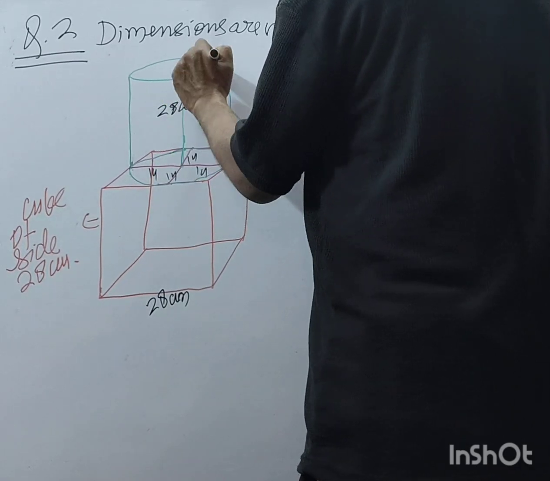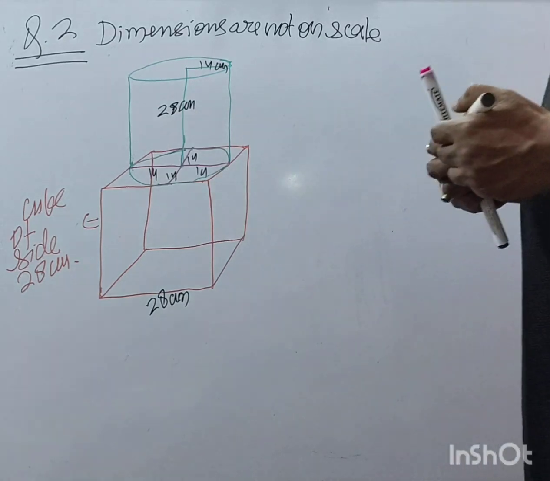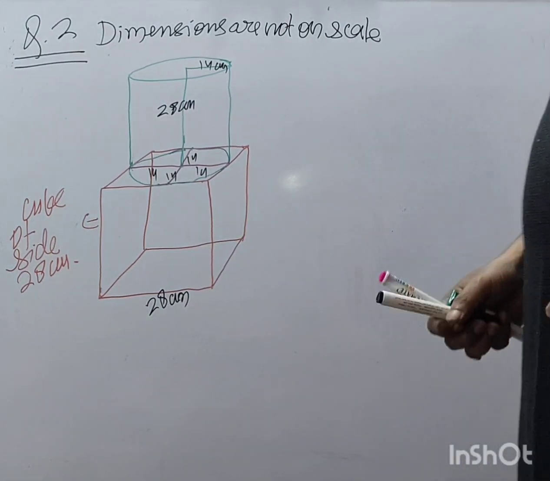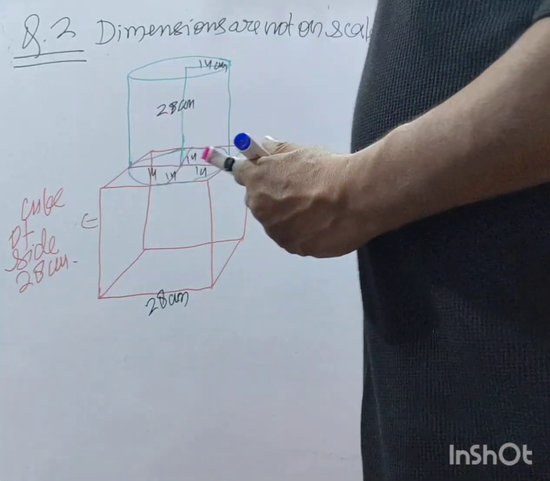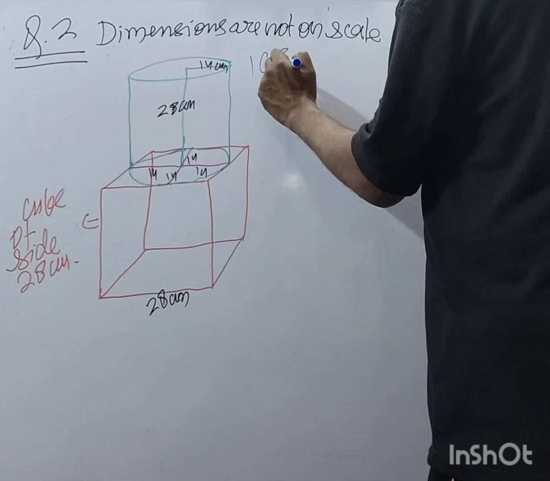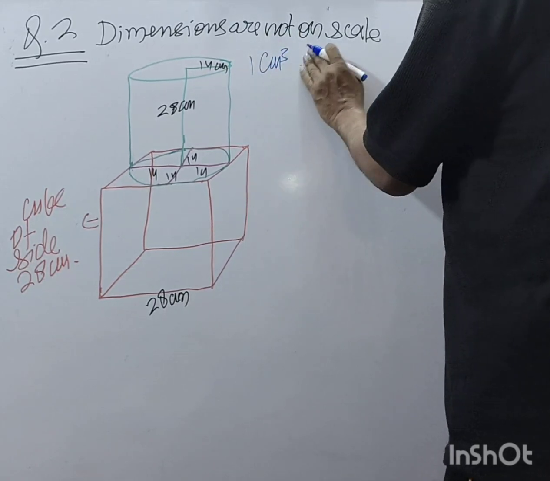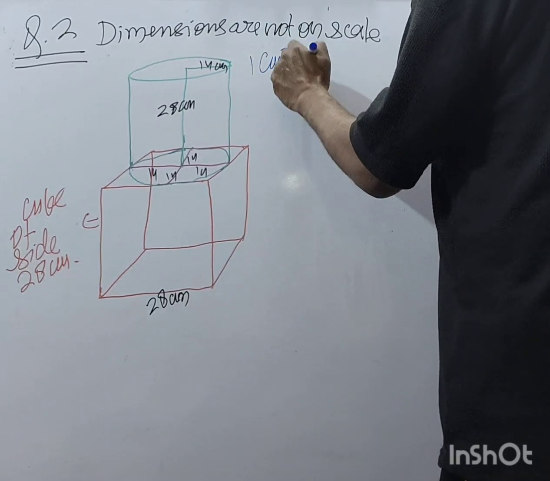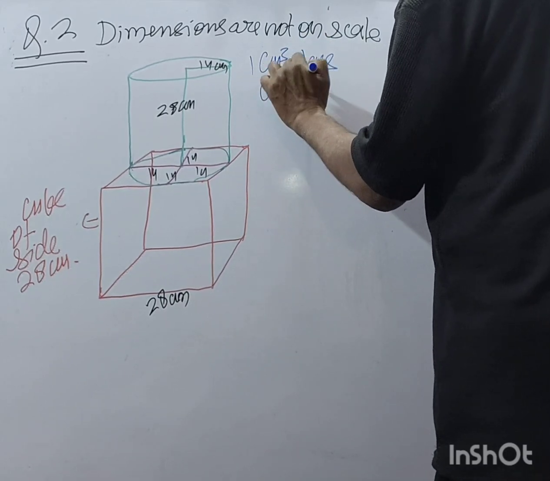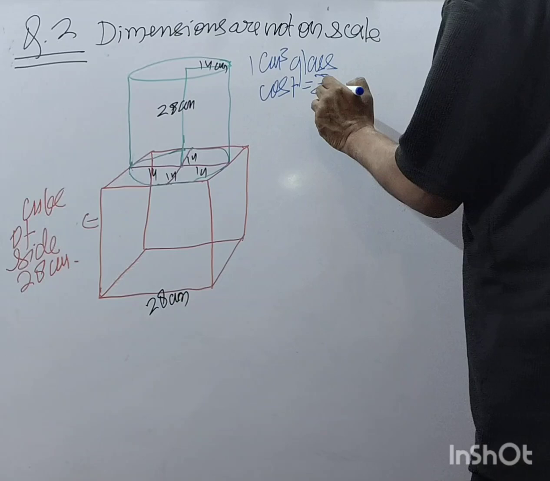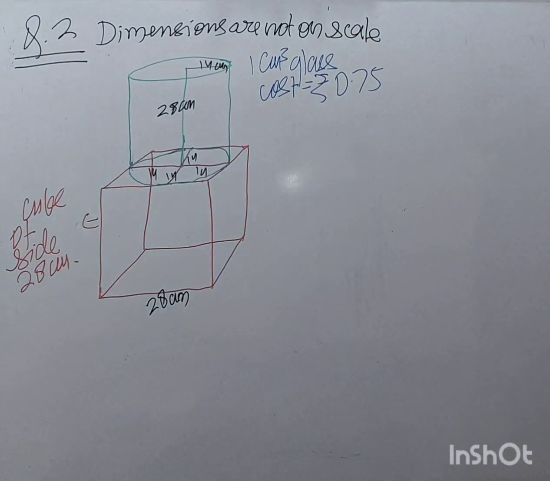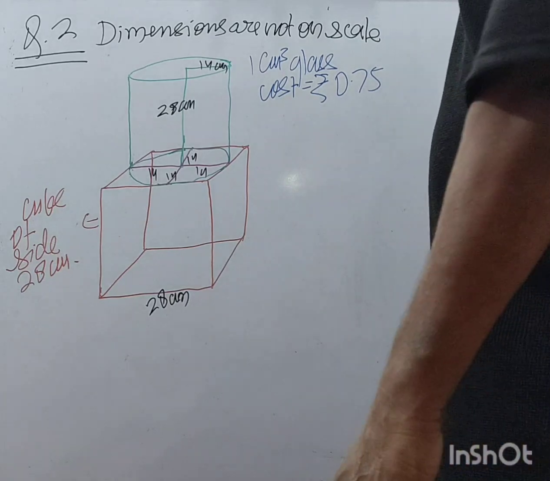Now, what do you want? What is given? 1 cubic centimeter of glass costs rupees 0.75, right?